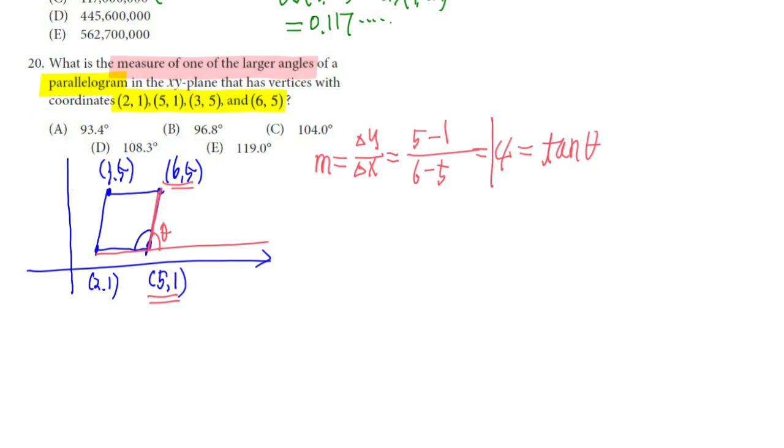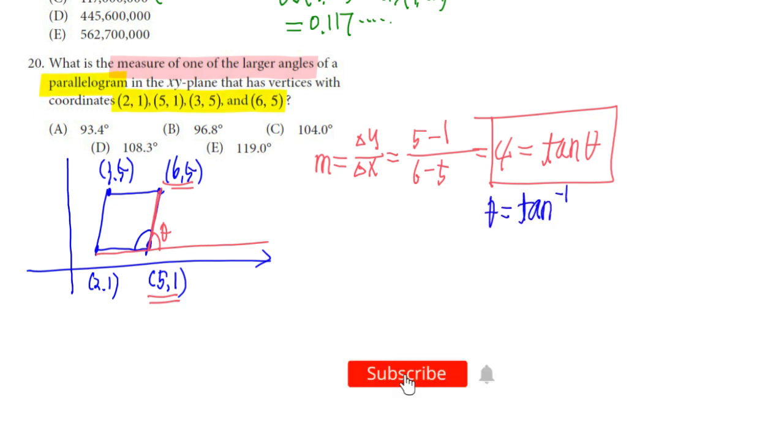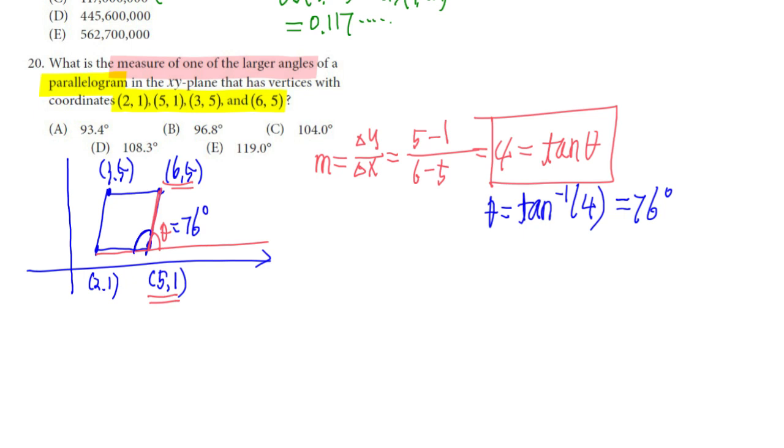So from this, how can you find the theta? Yes, this is a calculator part question. So theta will be arctan of 4. Okay? Yeah, definitely we need a calculator. If you press this button, you can see about 76 degrees. Now, this is a 76 degree. Large angle is here.